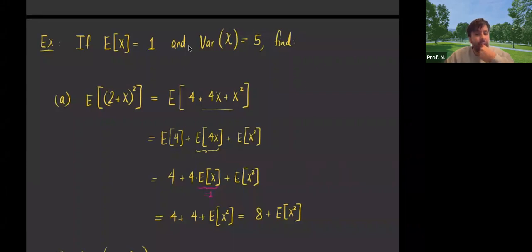Try the variance's definition. That's a good idea. Remember, we have two definitions, right? One of them looks like this. The variance of x is equal to the expected value of x minus mu, squared.